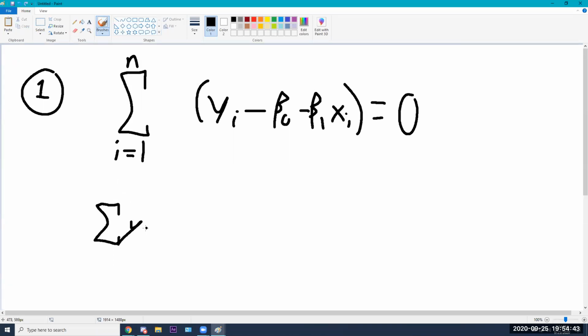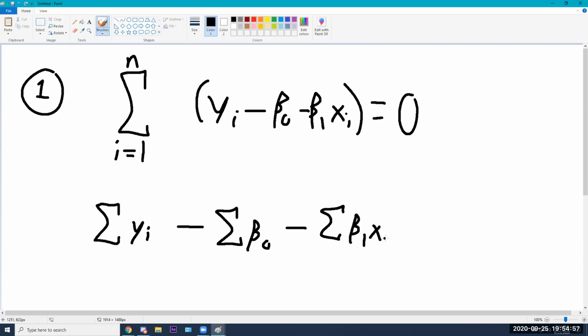Of yi minus beta naught minus beta 1 xi, right? And this is just splitting this sum apart. You're allowed to do this on these summations because they're linear.